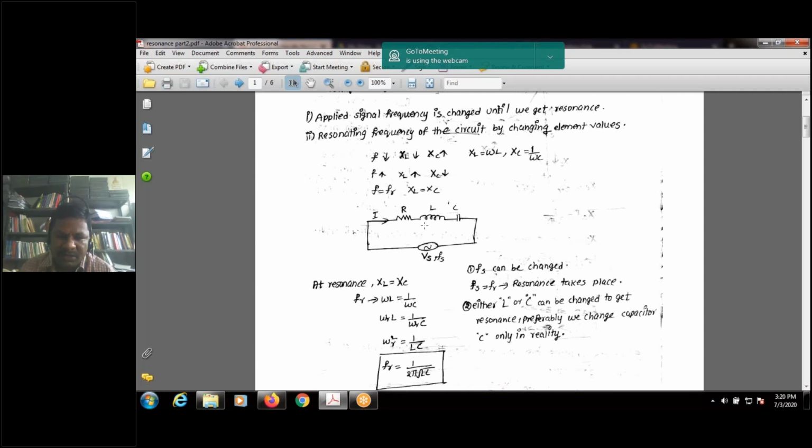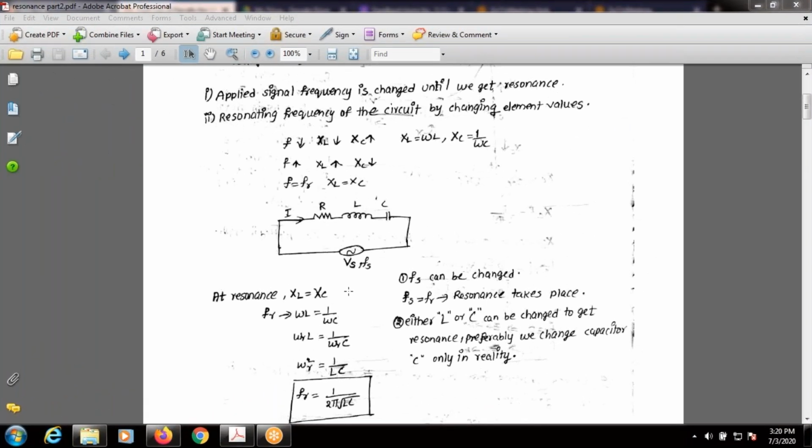That means the inductive reactance and capacitive reactance are both equal, and both are of opposite sign. So both reactances get cancelled. Then the resultant current in the series resonance circuit mainly depends upon the resistor only.